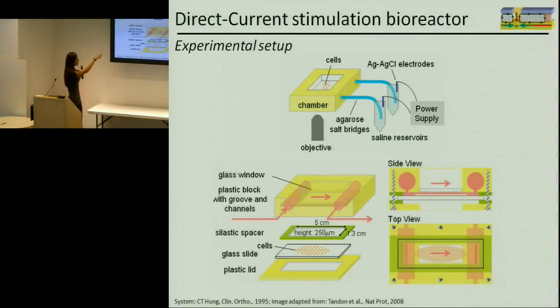So there's a saline solution here, power supply comes in, and that's electrons coming in from the wall, right? They get chemically reacted at these silver chloride electrodes, and any of that stuff that's generated that would kill the cells stays in there. But we have salt bridges that allow just the ions to move from there to the cells, so we protect the cells. So this is a lot of engineering challenges that we have to overcome just in order to be able to ask that biological question.